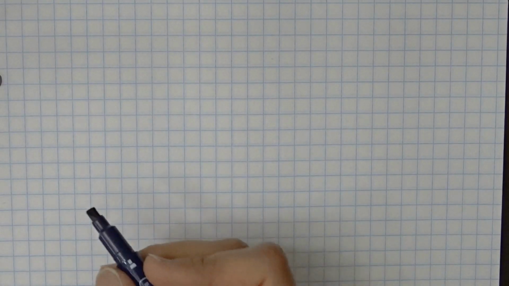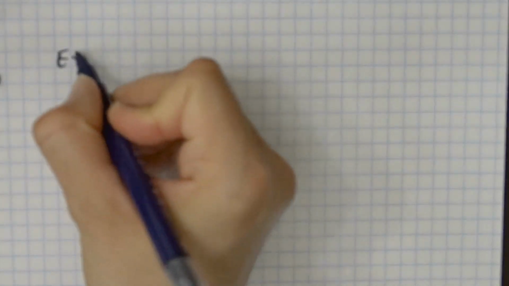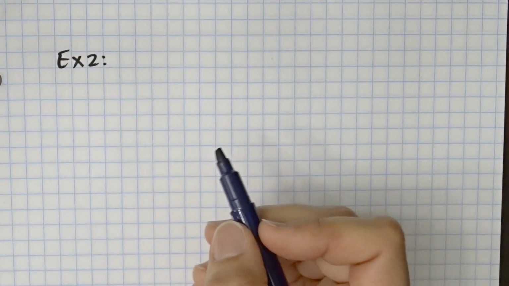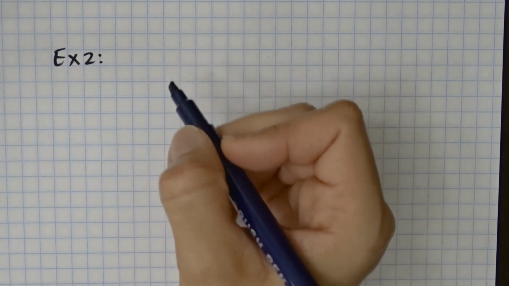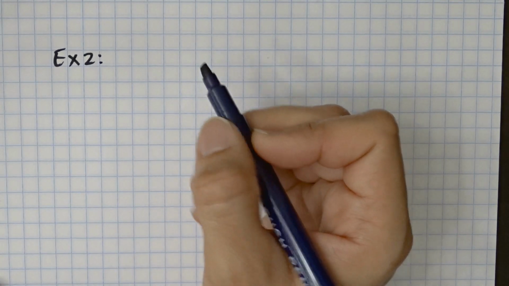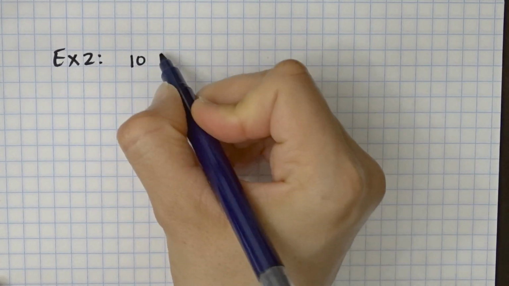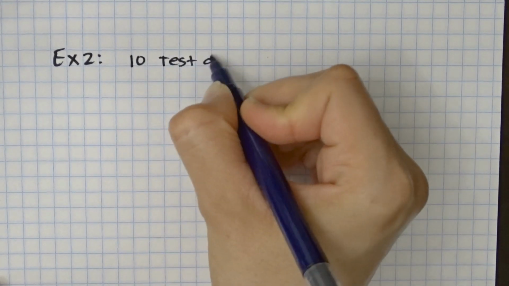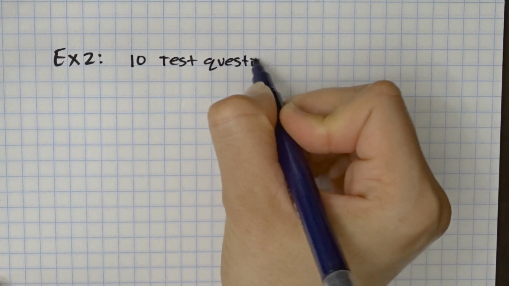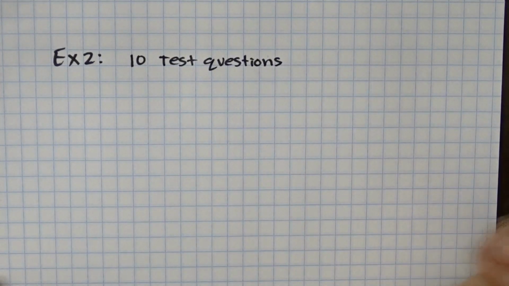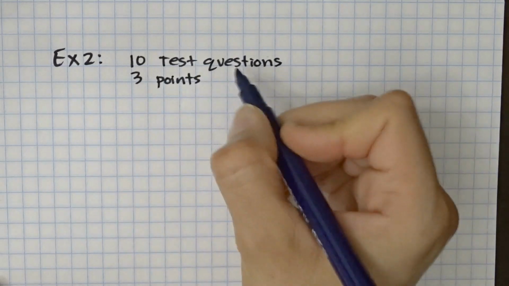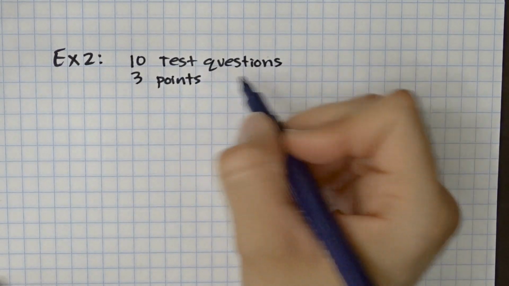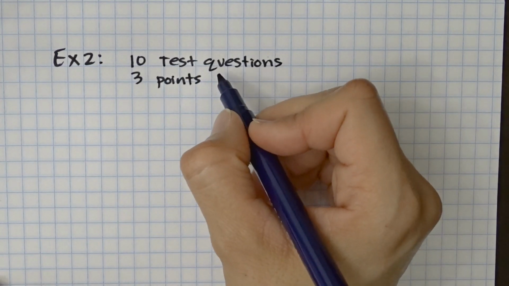All right, so let's look at example 2. Just giving you the information so we don't have to write so much. It's about a test, and it's got 10 questions. Test questions, 3 points for every word problem completed or corrected, done correctly.